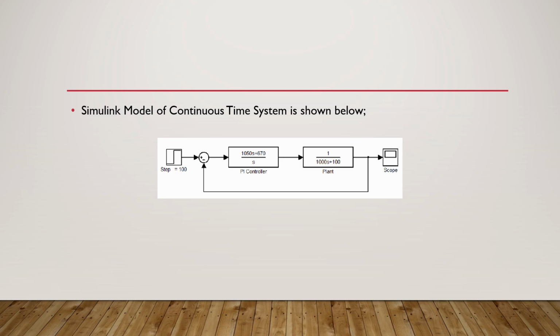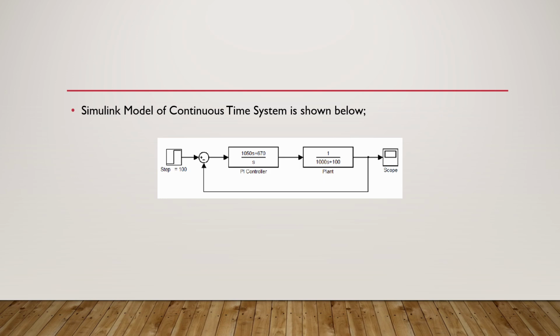Here is the Simulink model of the continuous time system. We get these blocks from the Simulink library browser. The first block is the step signal and the second is the summation. By double clicking on the summation icon, we can change the signs, which are plus plus by default.